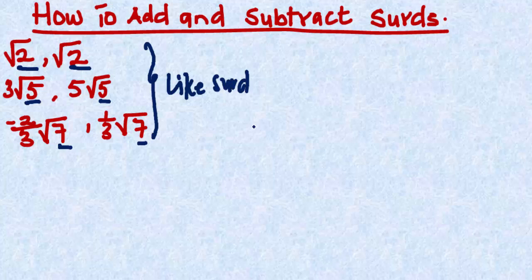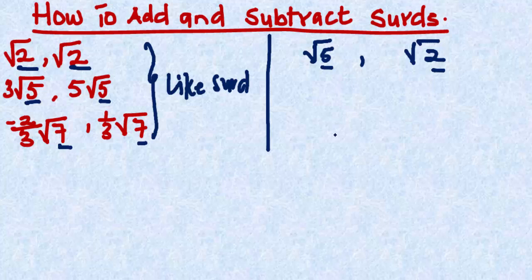Now on the other hand, if the numbers in the root are not equal and they are not in their basic form, then they are termed unlike surds. For example, if you have root of 5 and root of 2, they are not like terms because you have 5 in the root then 2 in the root.